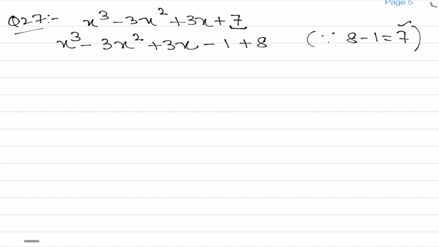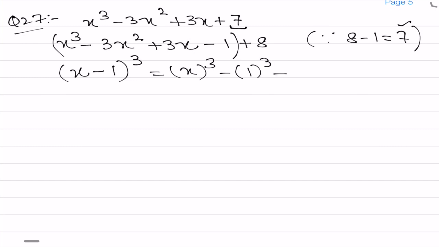Now here we can see that the first 4 terms are the identity (x minus 1) whole cube. You can see (x minus 1) whole cube is x cube minus 1 cube minus 3 into x into 1 into (x minus 1).